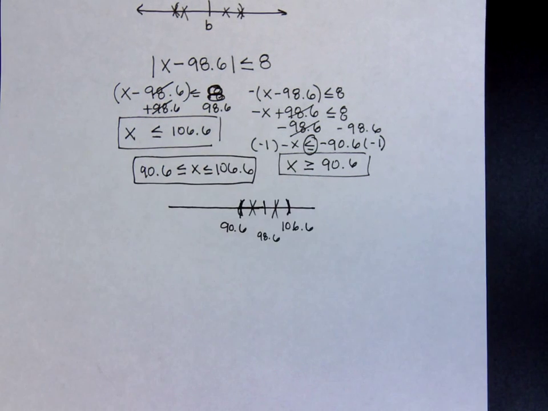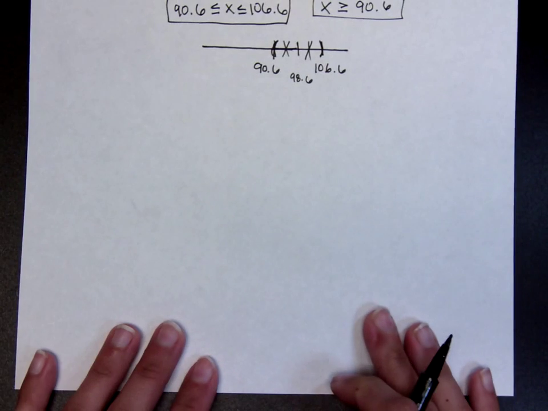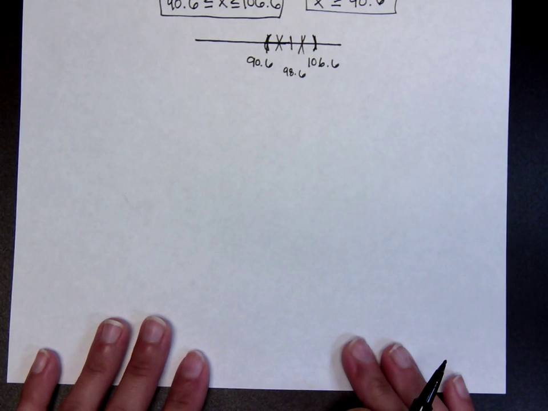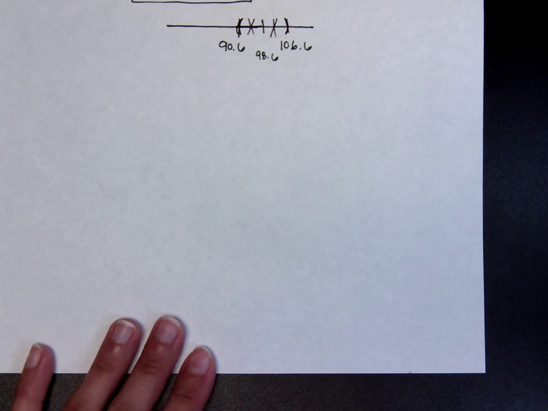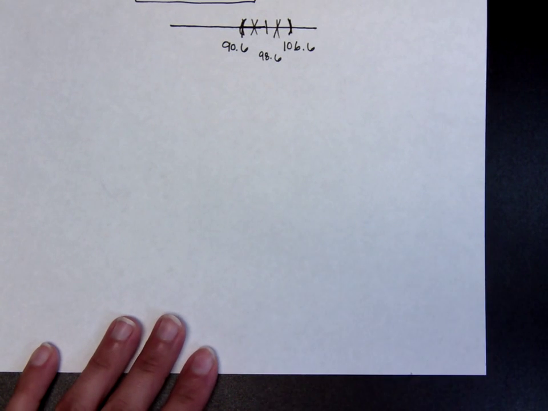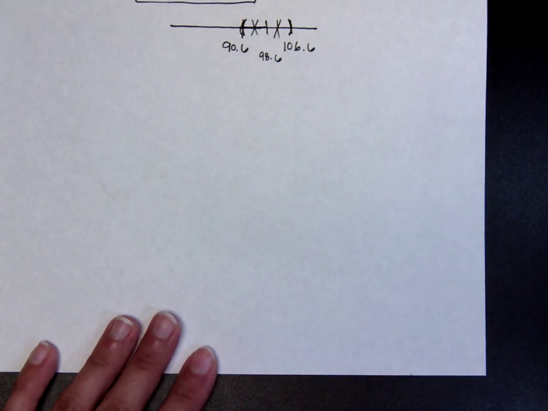There we are. Okay, now the second problem, we're talking about gears produced at a factory. And we're told that the ideal gear will be 6 inches in length with a tolerance of 0.1 inches.